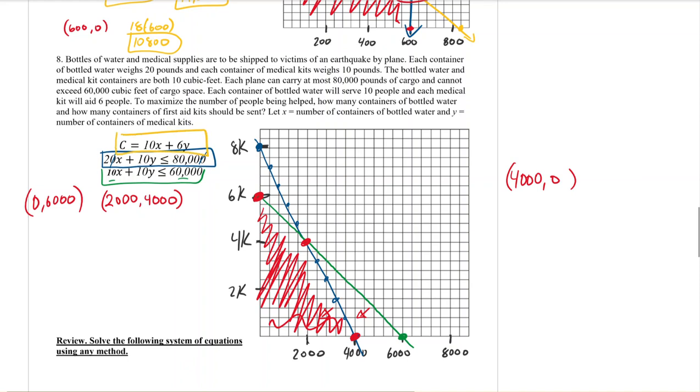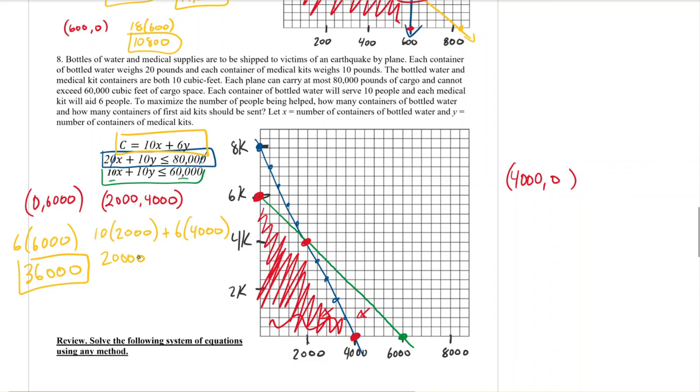So this one is 6 times 6,000, that makes 36,000. Next one is 10 times 2,000 plus 6 times 4,000. Well, that's 20,000 plus 24,000, which makes 44,000. And our last one is 10 times 4,000, which makes 40,000.